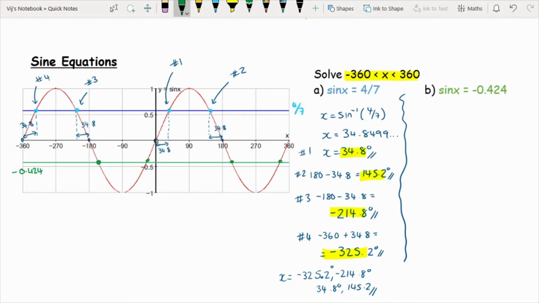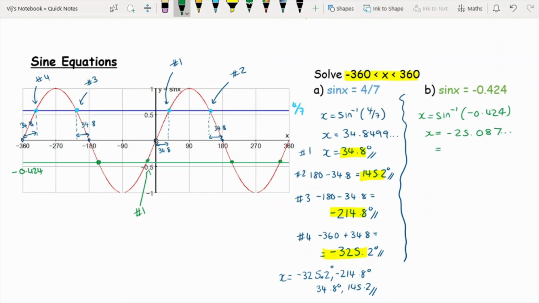So looking at this, the first angle that's closest to the origin is this one here, so I'm going to label that as #1, because when I then reach for my calculator and I look to solve this by typing inverse sine of minus 0.424, it's giving me an angle of minus 25.087, and that continues.